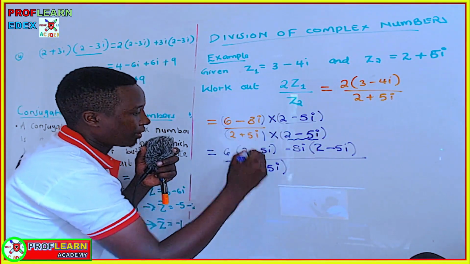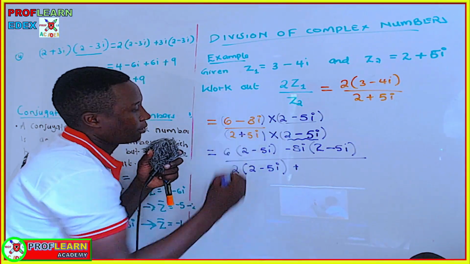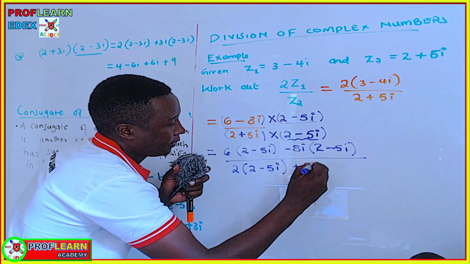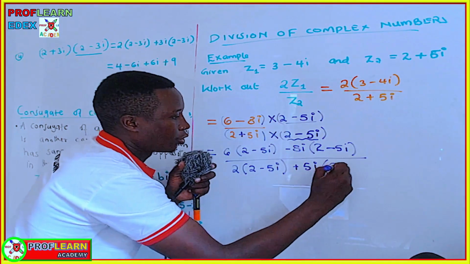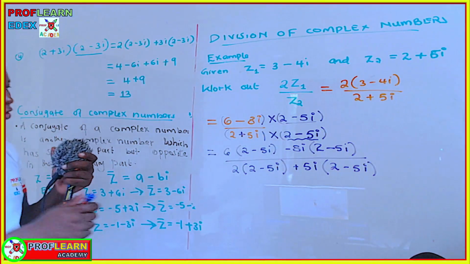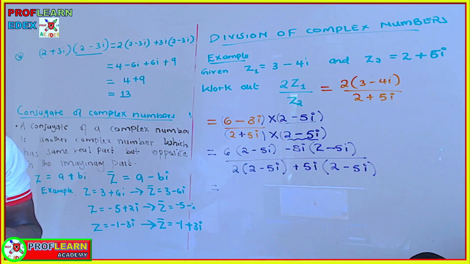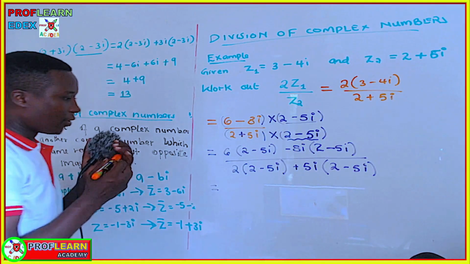And this 5 that I have here is plus because of this addition sign, plus 5i multiplied by 2 minus 5i. So we are going to open the bracket wherever we can.